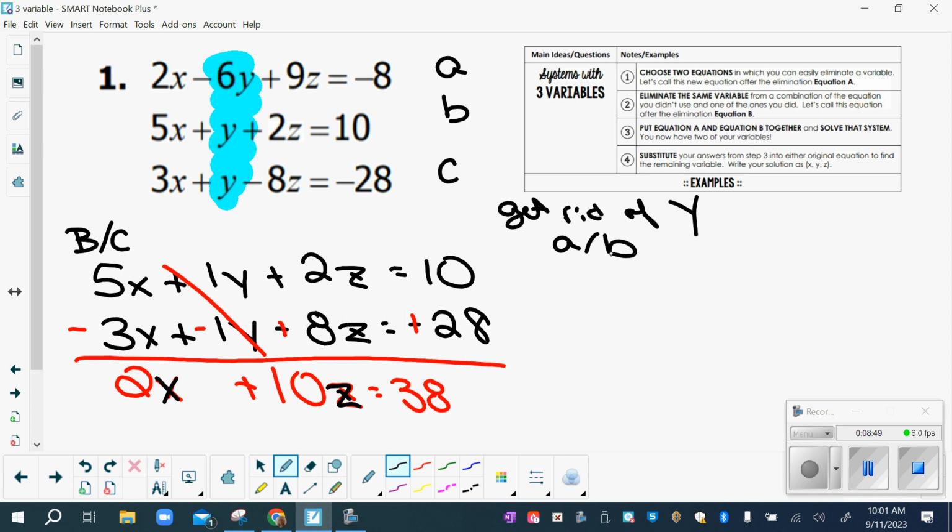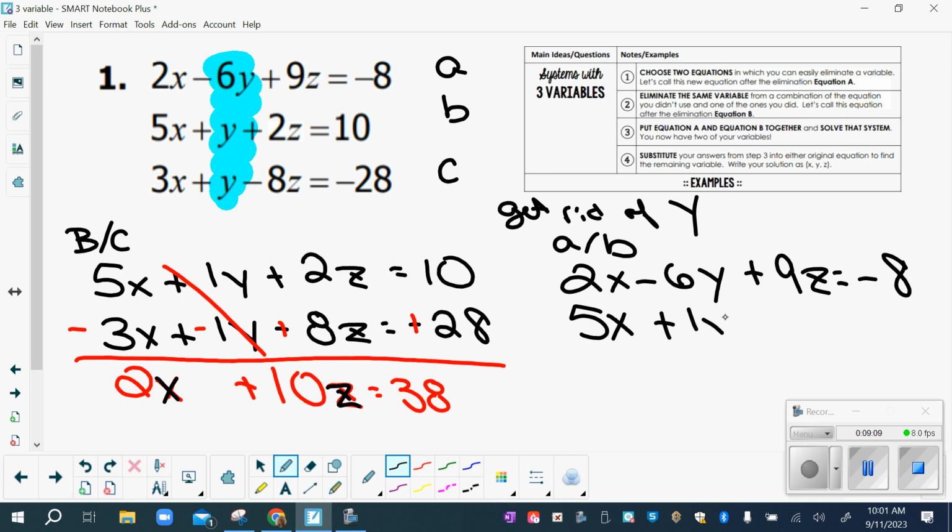I want you to do it now. Do the exact same thing we just did. We're going to say 2x minus 6y plus 9z equals negative 8. And you know, it's weird. Every class, I've done it a little bit differently. 1y plus 2z equals 10.